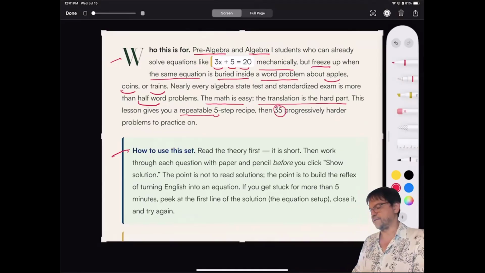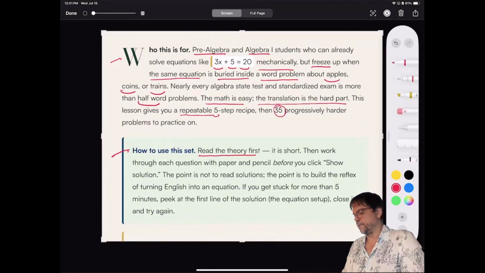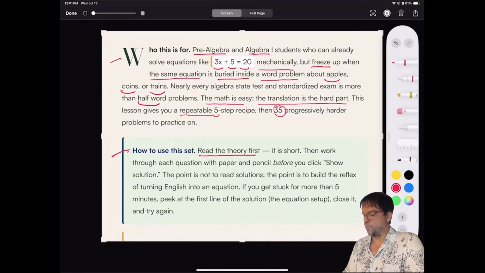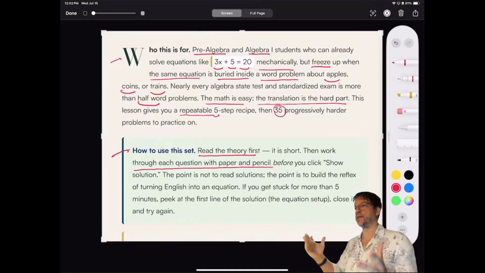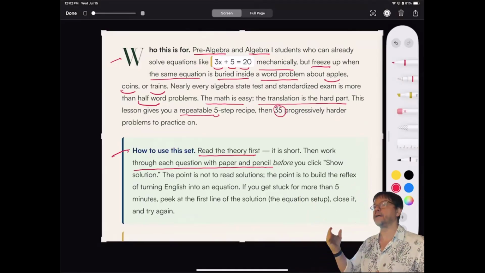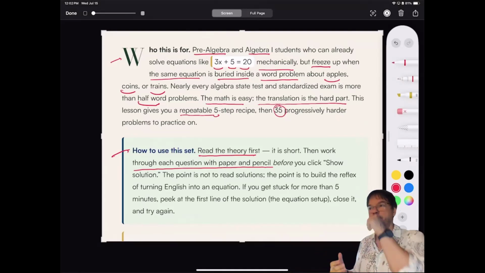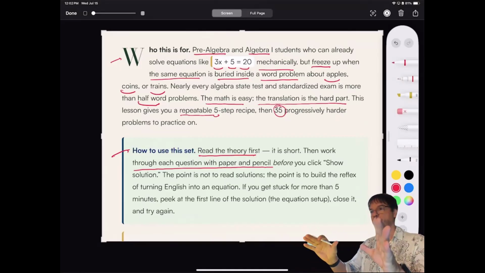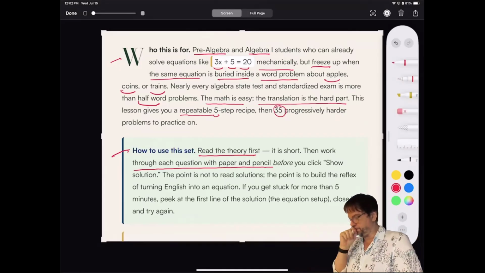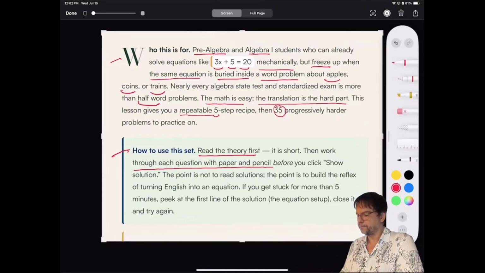How to use this set? Read the theory first. Then work through each question with paper and pencil. It's very important that you structure diagrams on the paper, or whatever you consider helps you visualize the question as comfortably as possible, before you click.